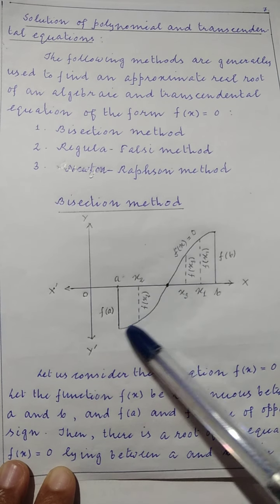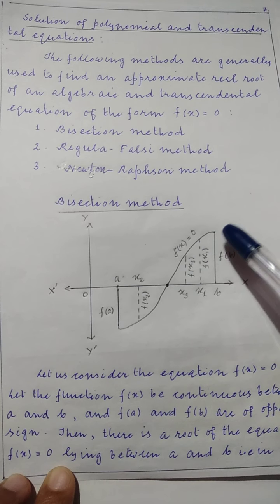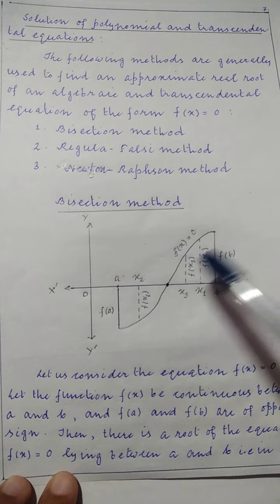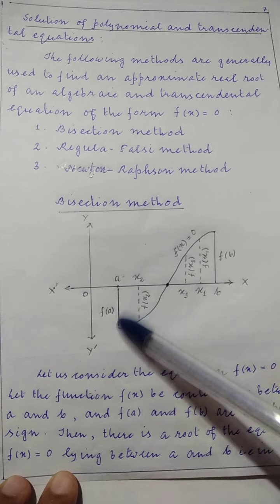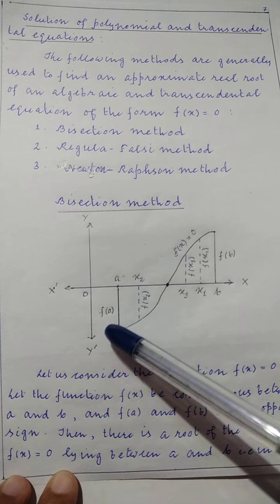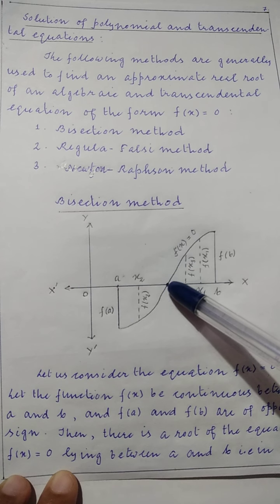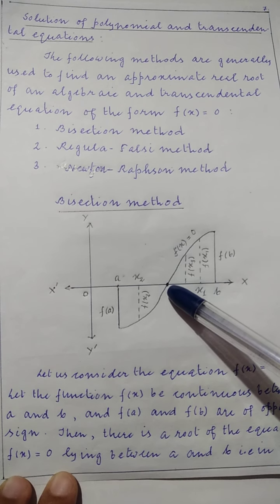That means it is continuous in the interval a and b. And see here, f of a is negative, f of a is the ordinate, and f of b is positive.